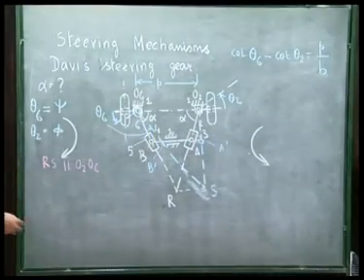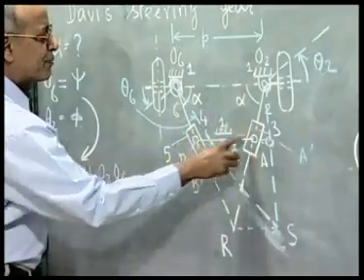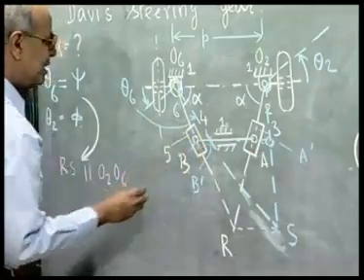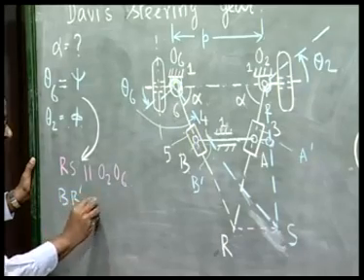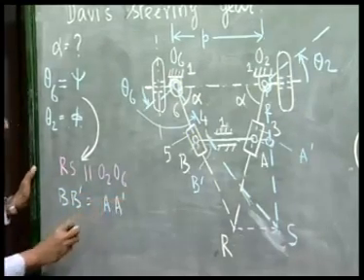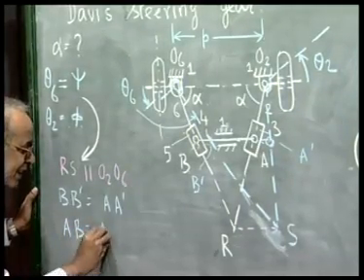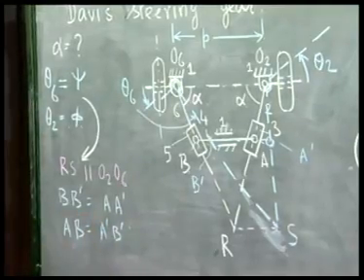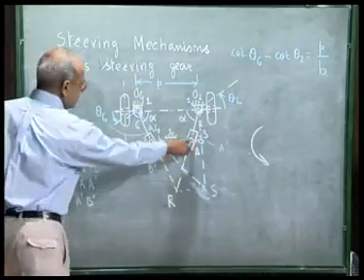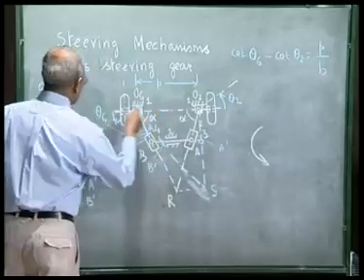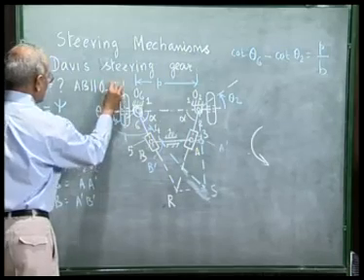We can easily prove that RS is parallel to O2O6. To prove that, we have to remember that this link length 4 between the two revolute pairs is the same, that is A prime B prime is the same as AB, the length of this rigid link 4. And we already stated that this prismatic pair was parallel to O2O6, that is AB is parallel to O2O6.